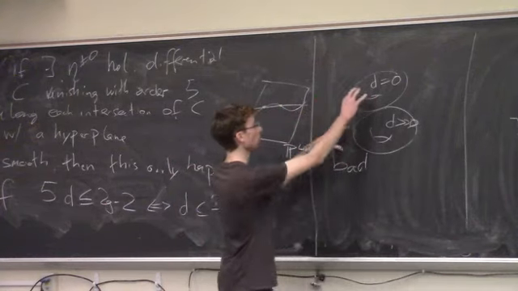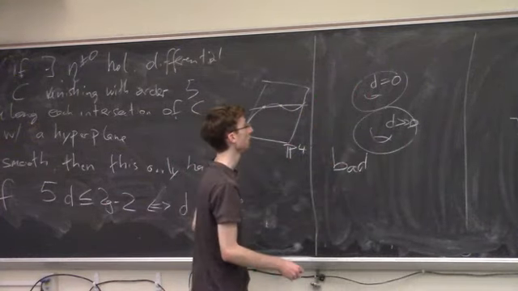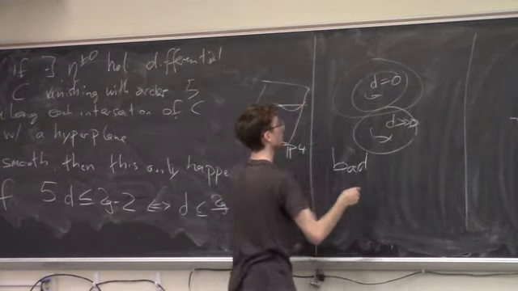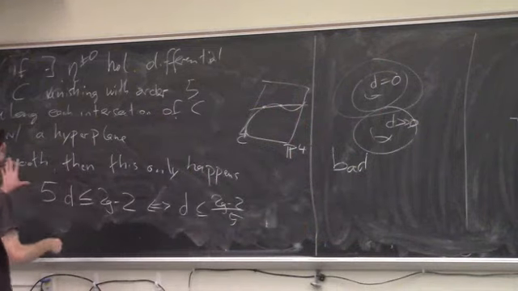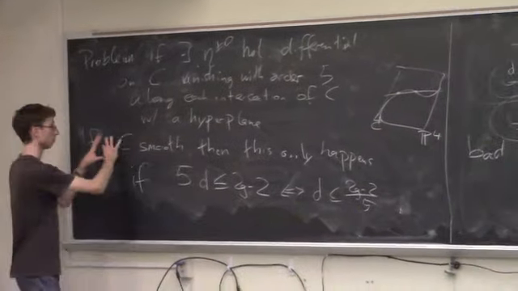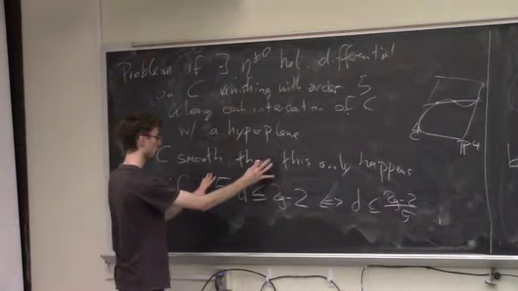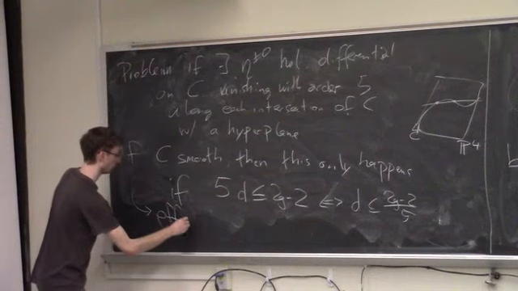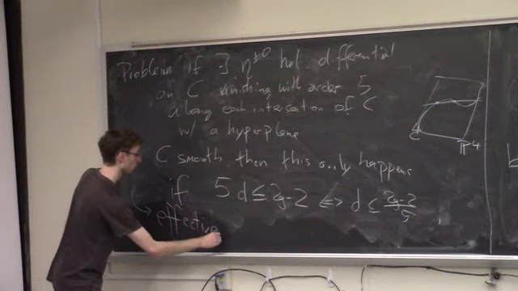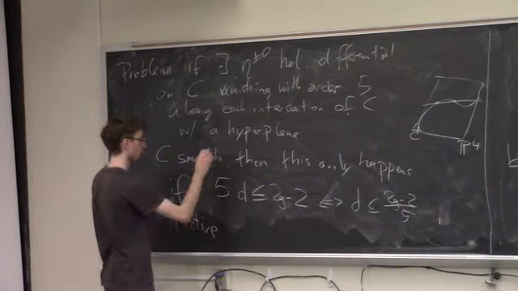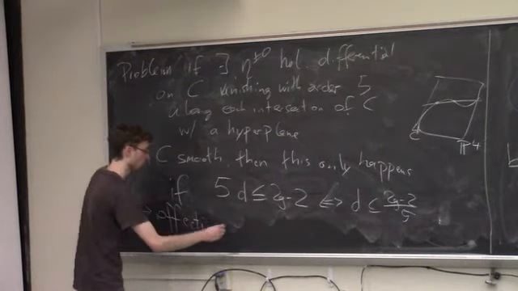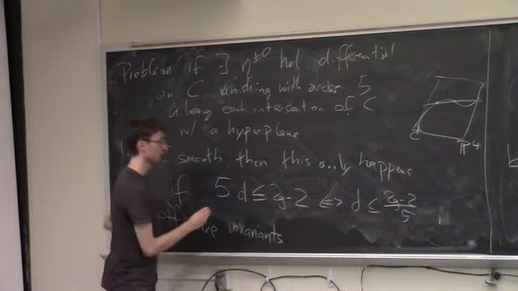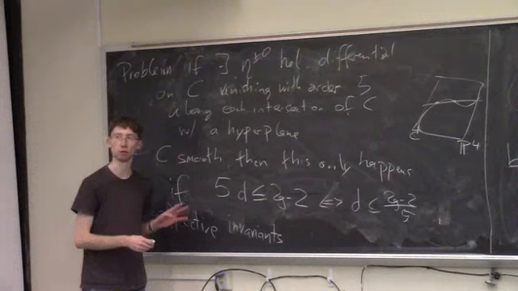In these cases where we have trouble, the contributions of these bad loci give rise, for smooth curves, to something we call effective invariants. These are invariants which we can define, but we don't know how to compute them.